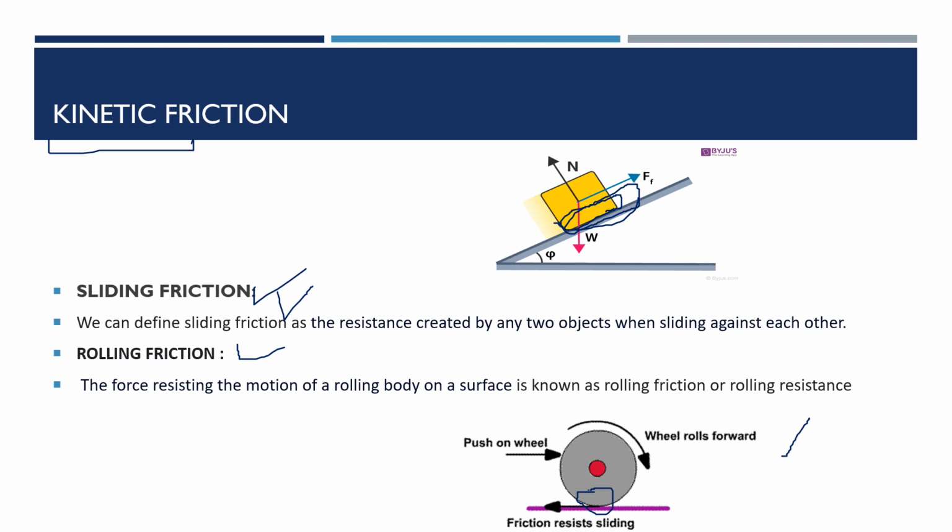But that is a very rare condition, so it is not termed that way. Mostly it is considered that the sphere, the wheel or the tires are doing the rolling friction, and with the help of rolling friction we can easily drive a car.